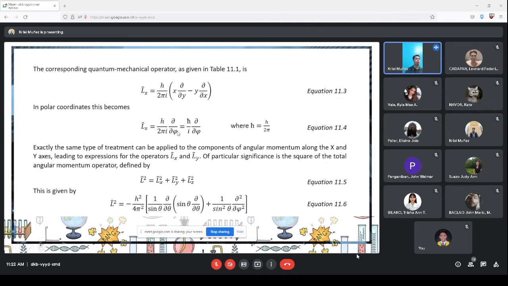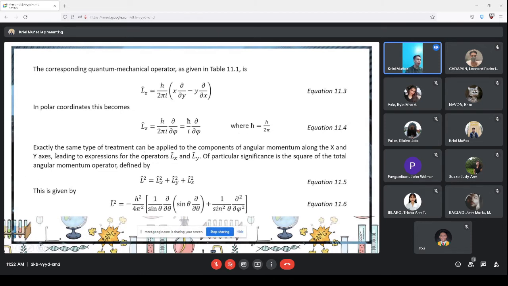When we convert the x and y axes to polar coordinates, it gives us the phi coordinate, since phi is along the xy plane. That simplifies to h bar over i times the first derivative of the wave function with respect to phi, where h bar is h over 2 pi.